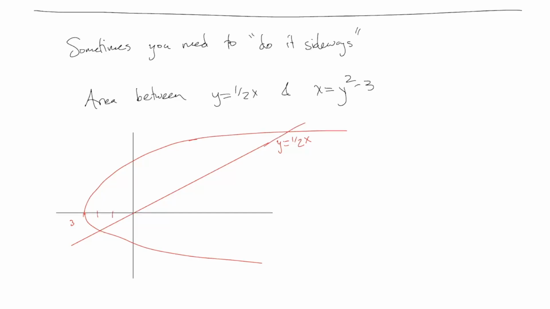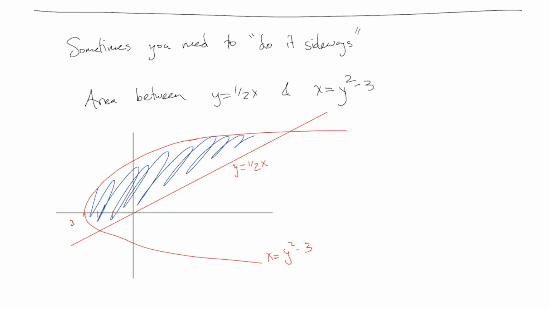So maybe I'll try and sort of extend these out. All right. And the area between these two things, this label is not very helpful anymore. Sorry. Put it down here. So this other one is x equals y squared minus 3. And the area I'm talking about is this area here, right?